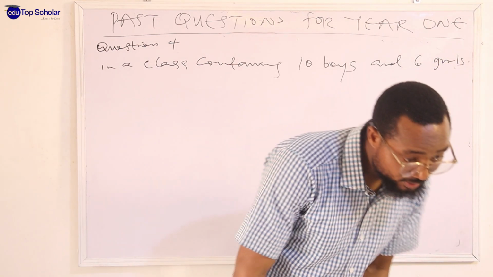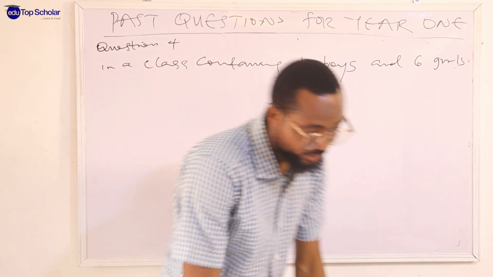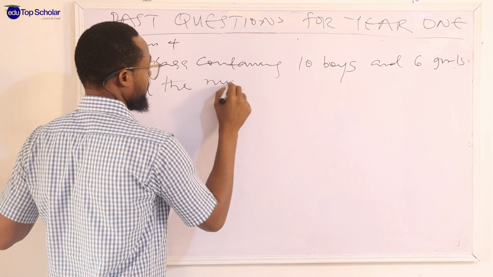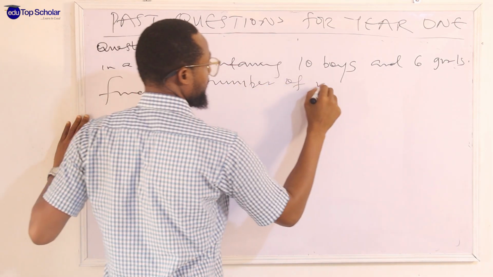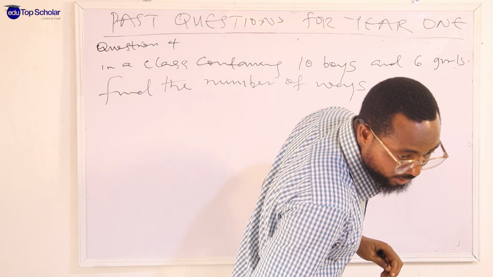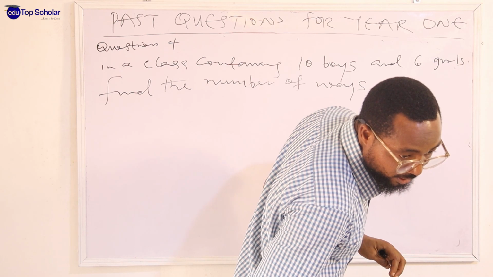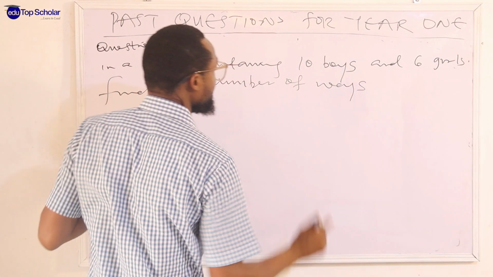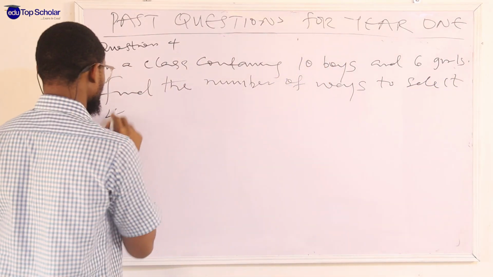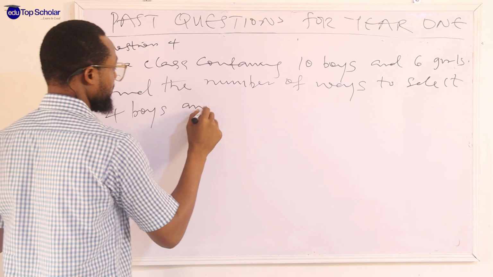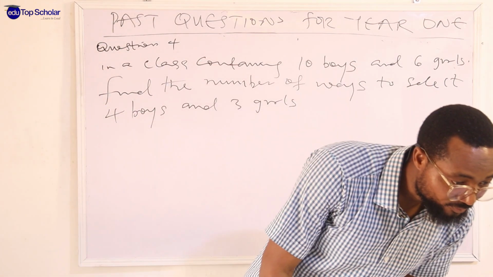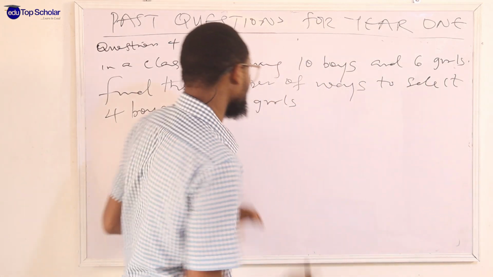Find the number of ways. This one is very straightforward. Find the number of ways to select 4 boys and 3 girls as representative of the class.